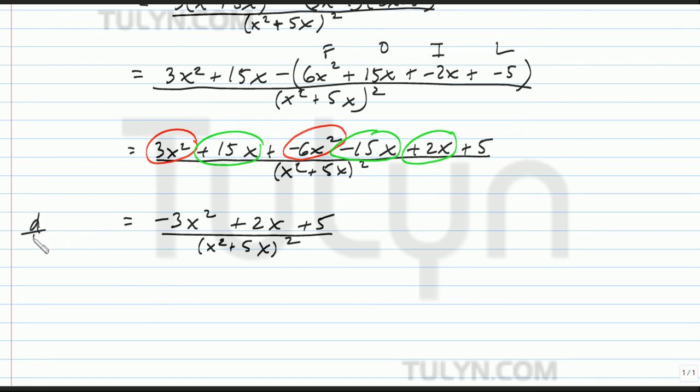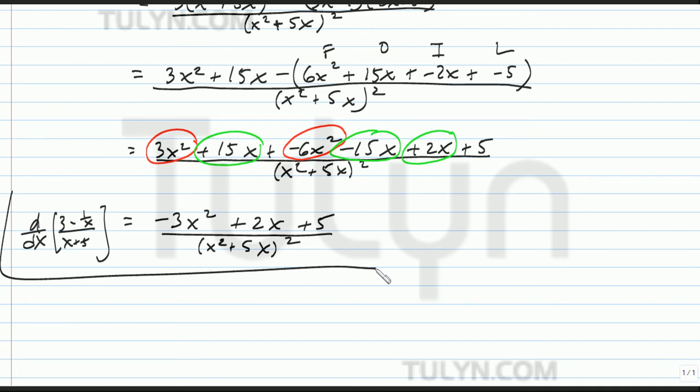And so your derivative with respect to x of (3 minus 1 divided by x) over (x plus 5) is going to be negative 3x squared plus 2x plus 5, divided by (x squared plus 5x) squared.